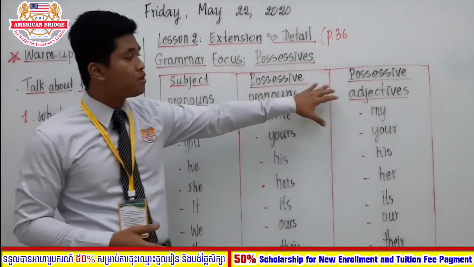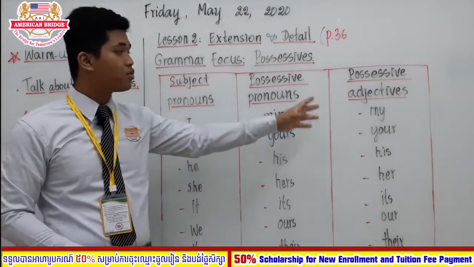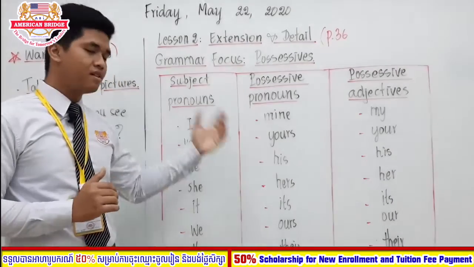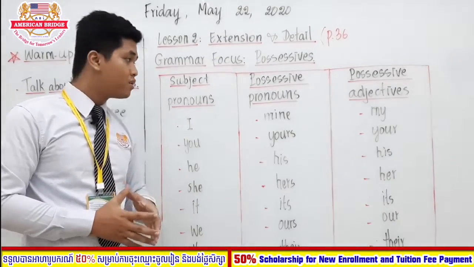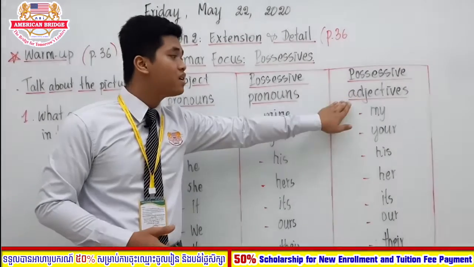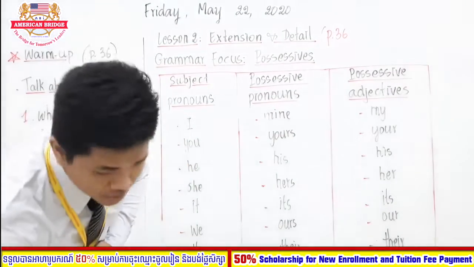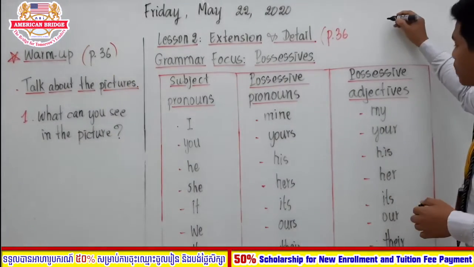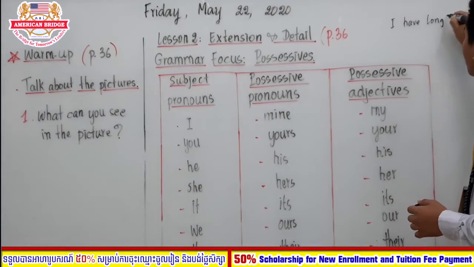Now we look at the possessive adjective. Most students are confused between the subject pronoun and the possessive adjective. They cannot use them properly. But I hope you are going to learn this today and avoid some mistakes that most students make. Possessive adjective is an adjective, everyone, remember? With an adjective, we need to use a noun. Instead of saying, let me write something here, I have long hair.